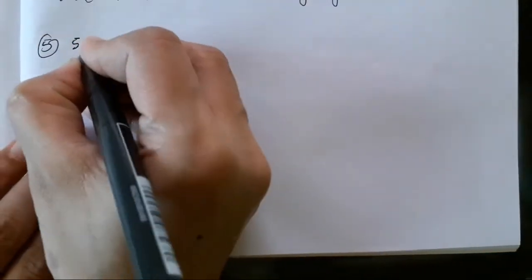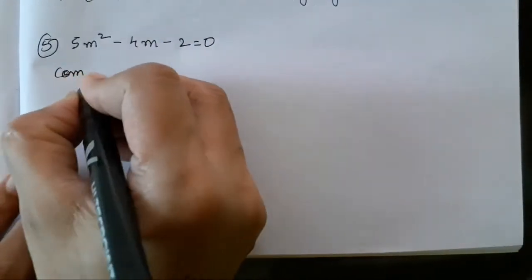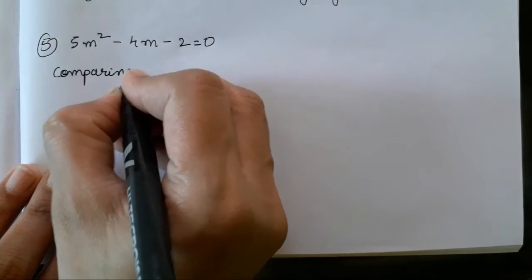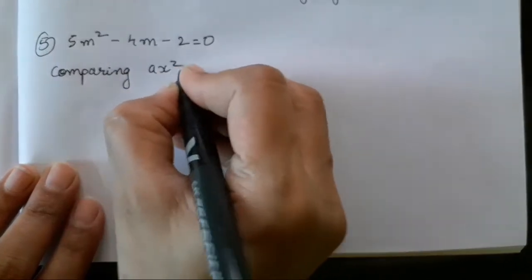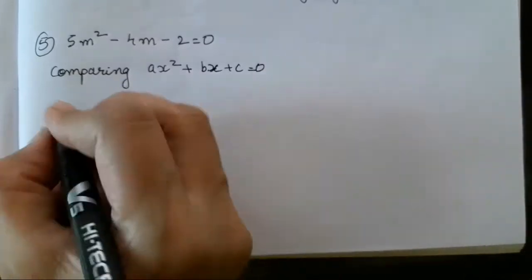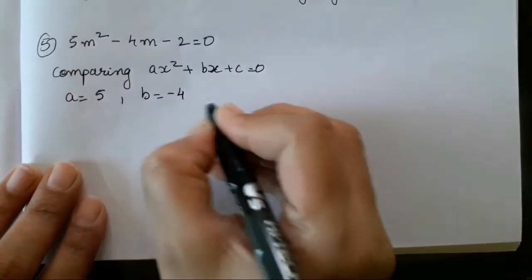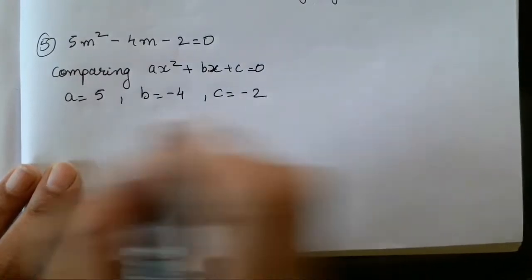Got it, children? So the next sum is 5m square minus 4m minus 2 is equal to 0. Same drill you all have to perform, that is comparing ax square plus bx plus c is equal to 0. A is 5, b is minus 4 and c is minus 2.